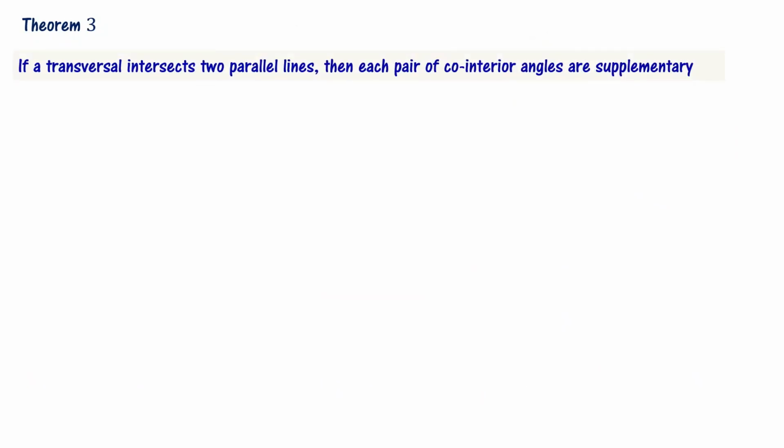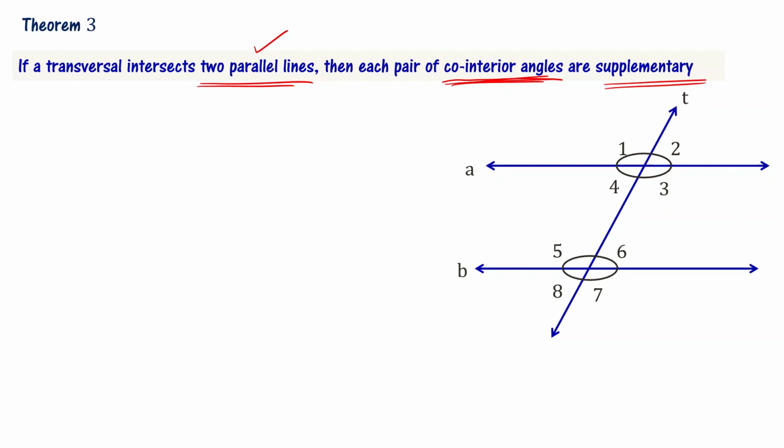Let us look at theorem 3 from this chapter. If a transversal intersects two parallel lines, then each pair of co-interior angles are supplementary. Okay? Supplementary angles ante enti? Sum of those two angles should be equal to 180 degrees, right? మనకి ఏం చెప్తున్నారు? If a transversal intersects two parallel lines, then co-interior angles are supplementary. ఇంటీరియర్ యాంగిల్స్ అనగానే 3 4 5 6 తెలుసు మనకి. Co-interior angles ఏంటి?